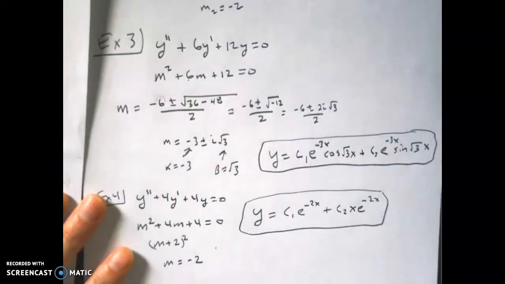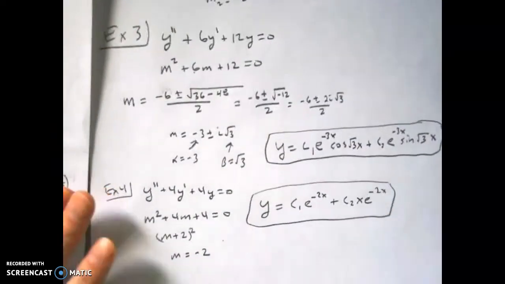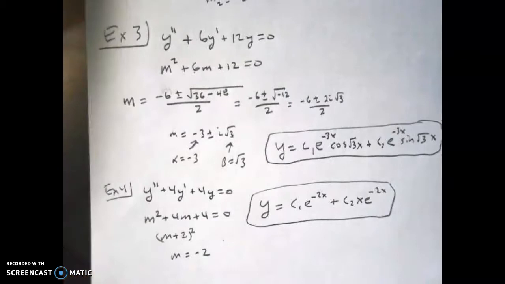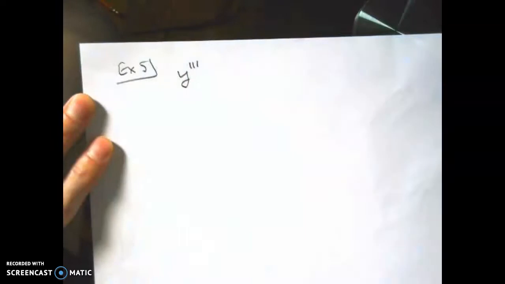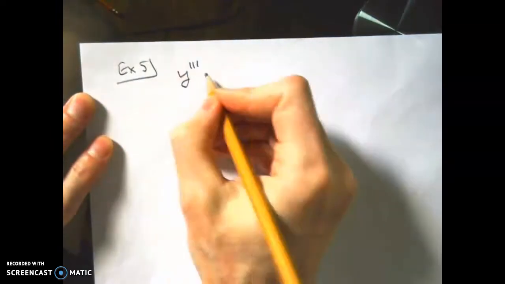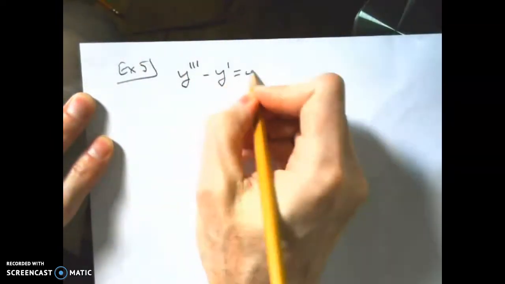Okay. And one final example is going to be on another sheet of paper. Example 5 from the book. Example 5 from the book is actually third order: y triple prime minus y prime is equal to 0.